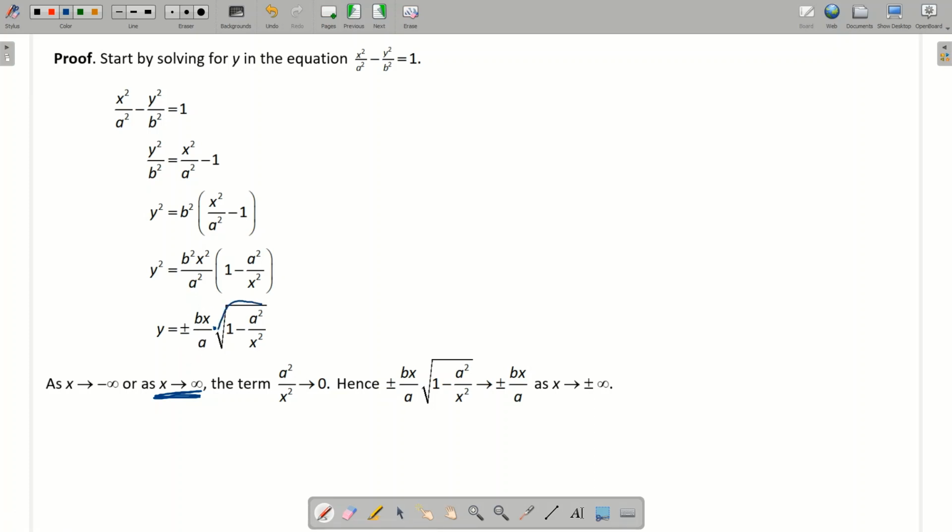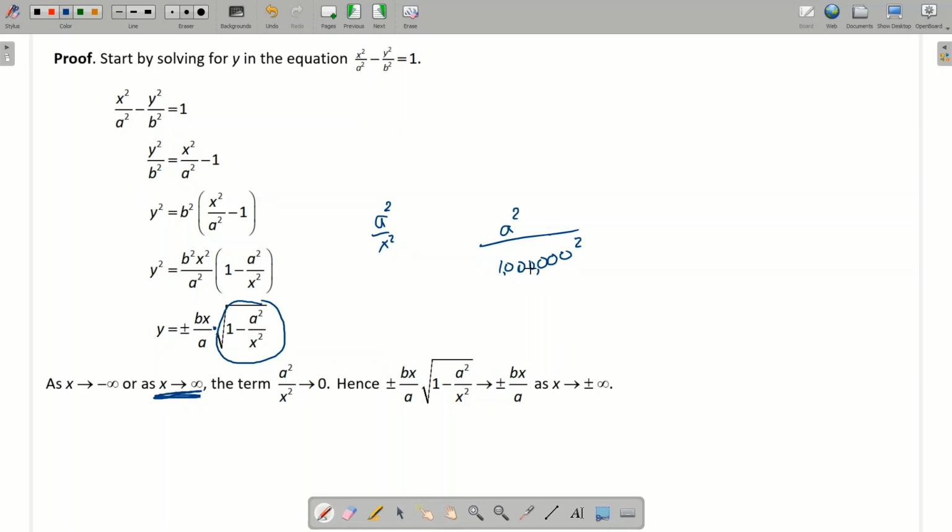But if you look at this expression, in particular, if you just look at a squared over x squared, if you plug 1 million into that, a squared over 1 million squared, then this is going to be really tiny, a very, very small number. And we want to take x to infinity, so we want even bigger than a million. We want 10 million, 100 million, billions.